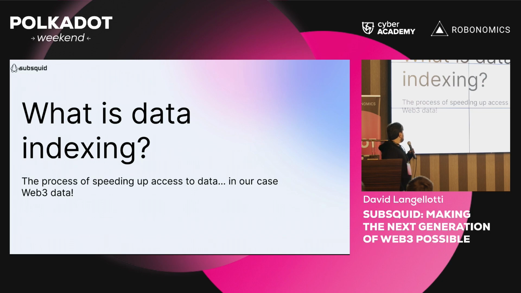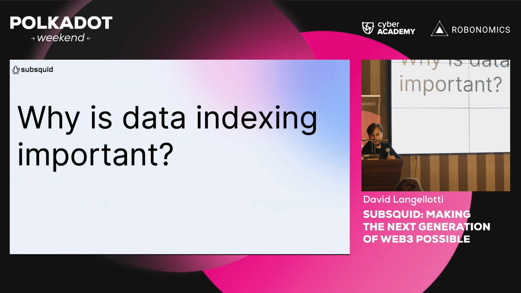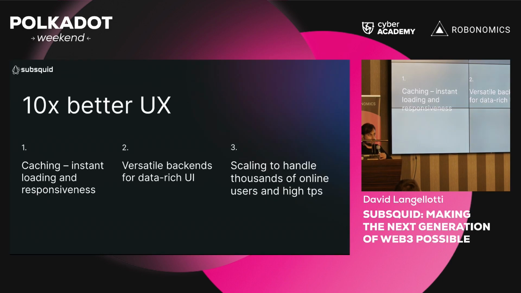So, data indexing. In general, data indexing is about speeding up access to data. And here we're talking about Web3 data. Now, what is Web3 data? That's blockchain data, data from blockchains. So, why is data indexing important? Why do we need data indexing? Well, first, about UX.